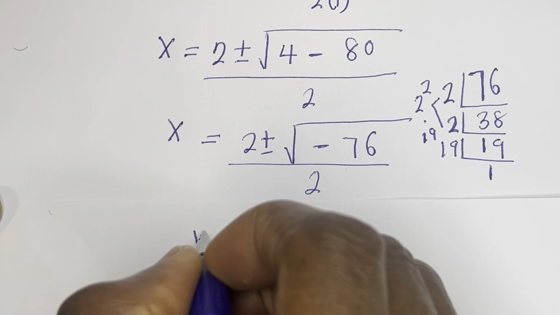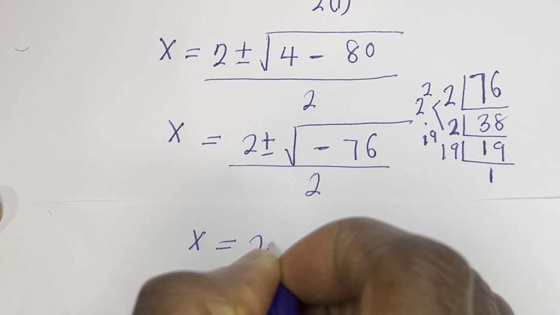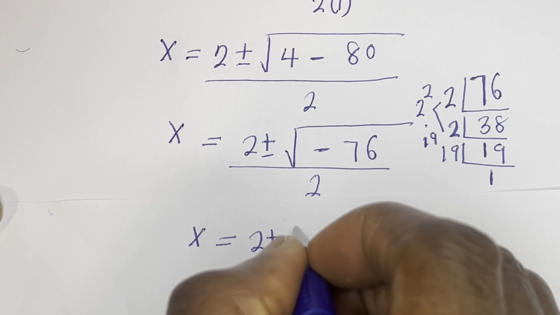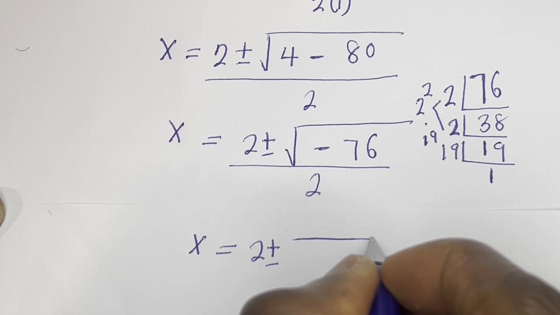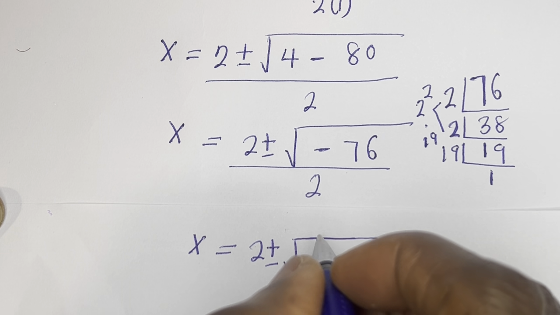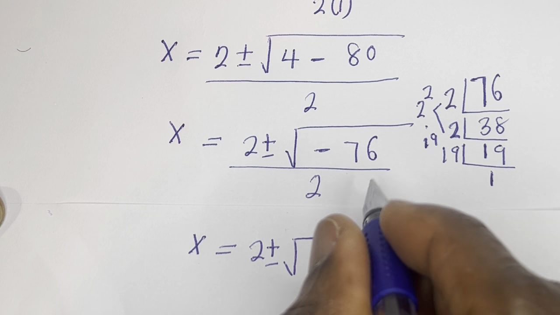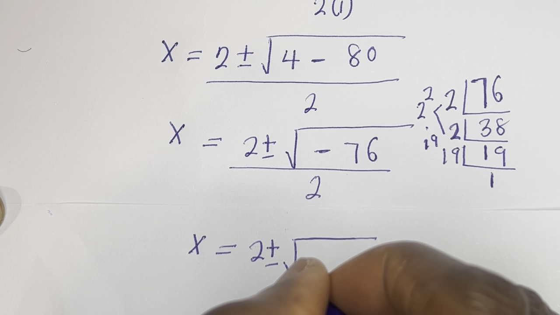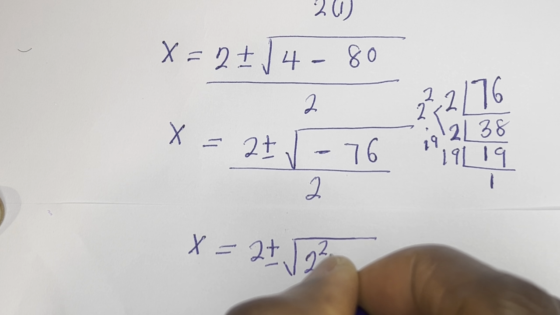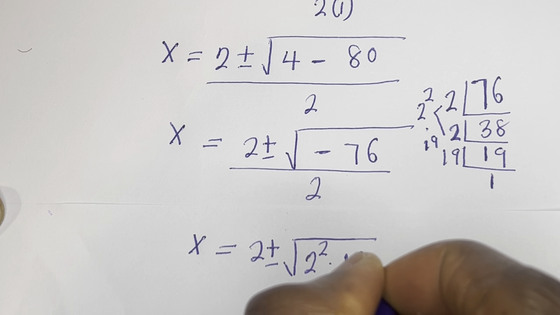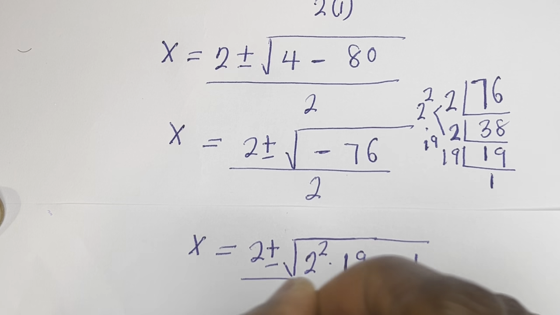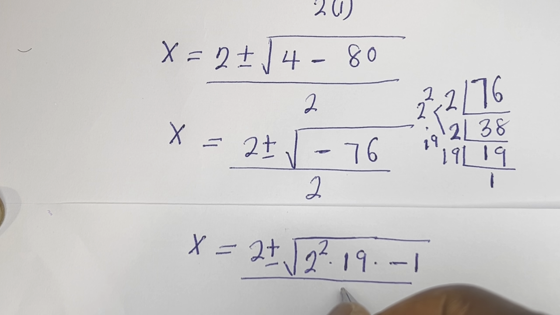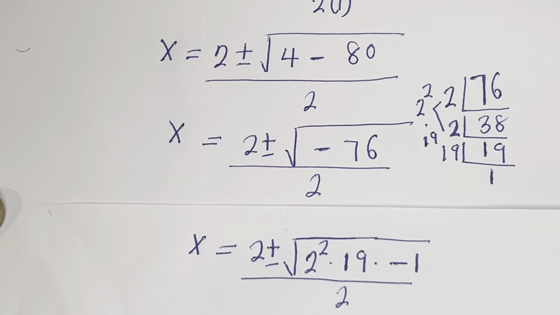Then x is equal to 2 plus or minus square root of minus 76, which is 2 square multiplied by 19 multiplied by minus 1, everything over 2.